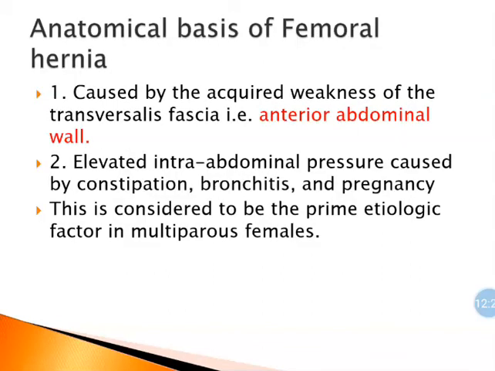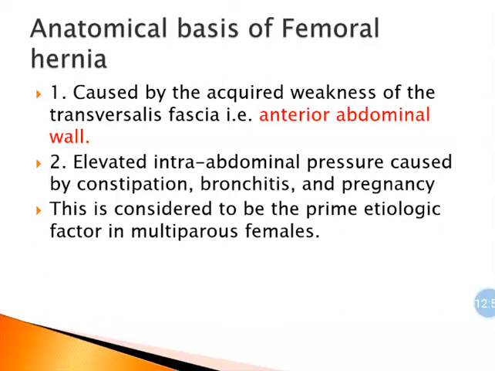Then anatomical basis of femoral hernia. One is, it is caused due to weakness of the transversalis fascia. That usually occurs because of anterior abdominal wall weakness, in conditions where intra-abdominal pressure increases, caused by constipation, bronchitis, pregnancy.